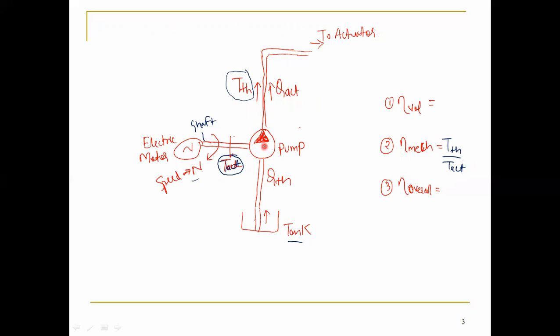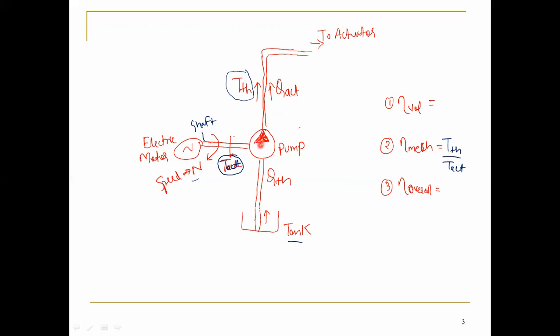Then second is volumetric efficiency, which we will see. Initially, what will happen? The oil will come to the pump. For example, I will take an external gear pump. The oil will come into the external gear pump. First, the two external gears will mesh with each other.